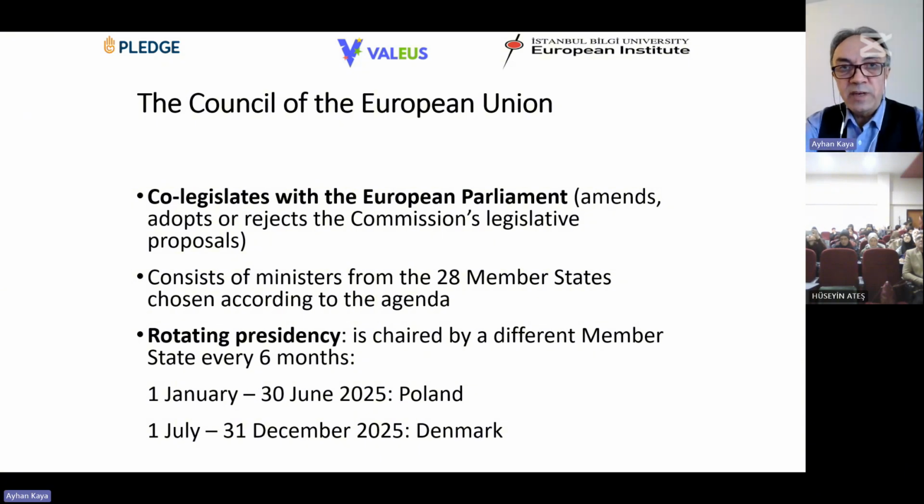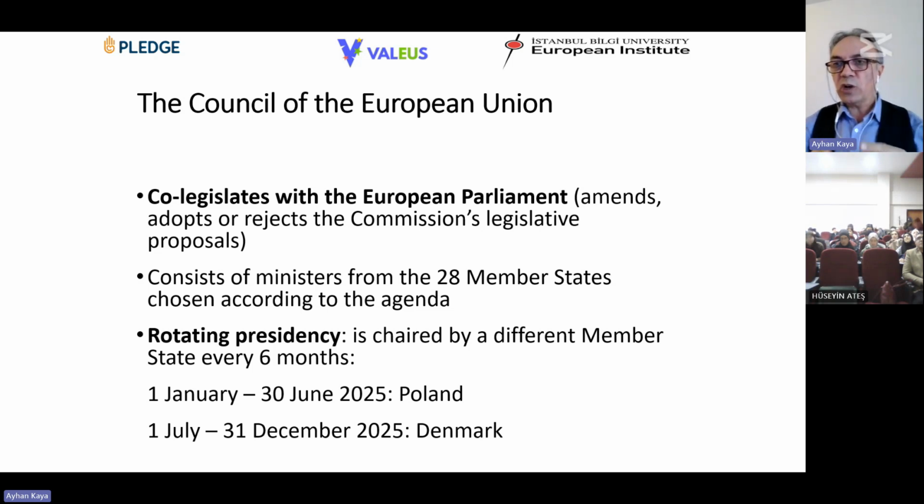The Council of the European Union is actually the very important executive embodiment of the European Union, which checks and co-legislates the Commission's legislative proposals. It consists of the ministers of the member states.